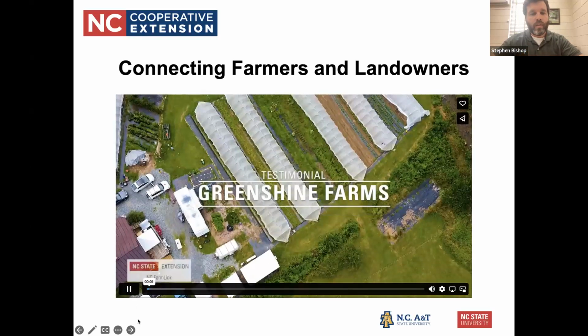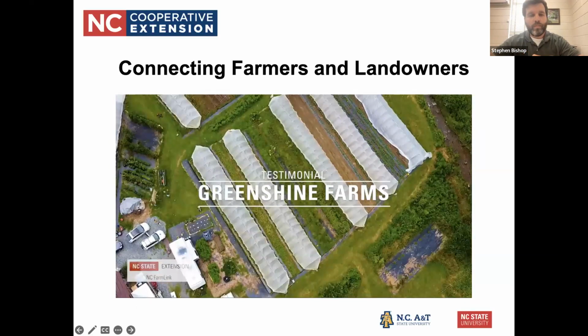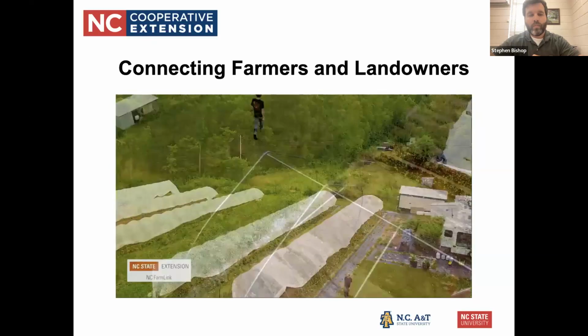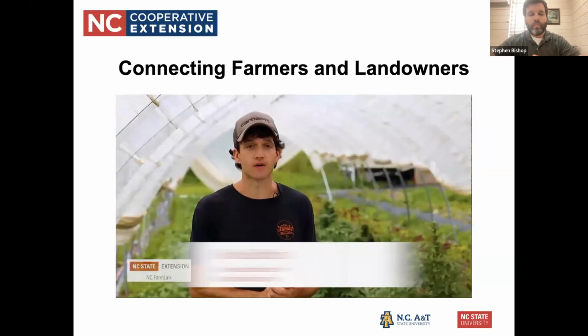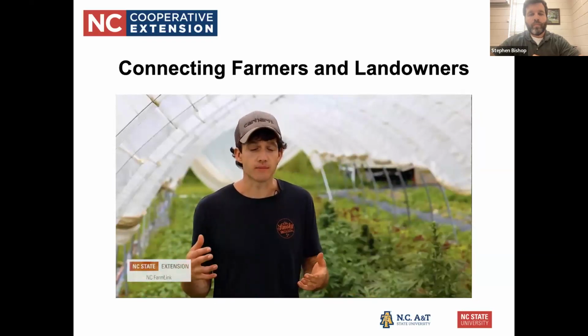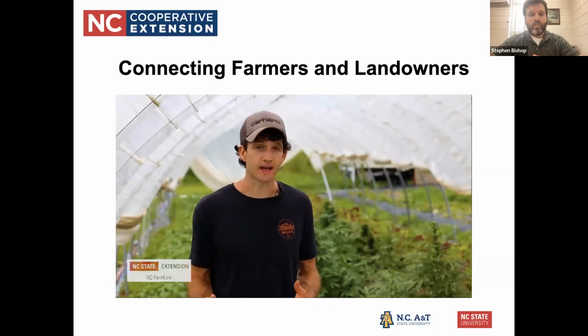When I started looking, there really weren't many sites out there. FarmLink was the one that had landowners and farmers on the same site where they find each other. Honestly, I couldn't be happier working with NC FarmLink. They made this happen. I wouldn't have known even where to begin. I'm not from North Carolina. It's really hard to find land to farm.